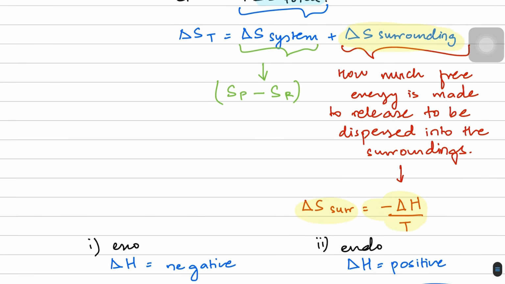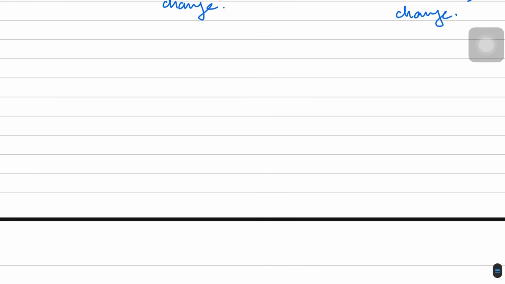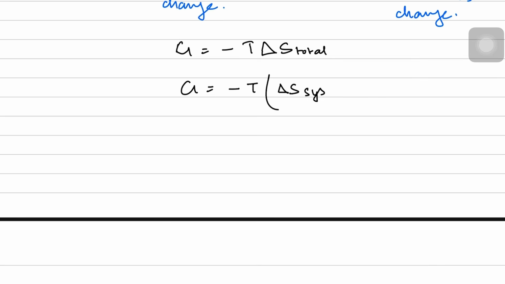So moving on with our calculation, let's go back. Gibbs free energy was equal to negative T change in entropy total. Now we got the system's entropy, and then we got the surroundings entropy.